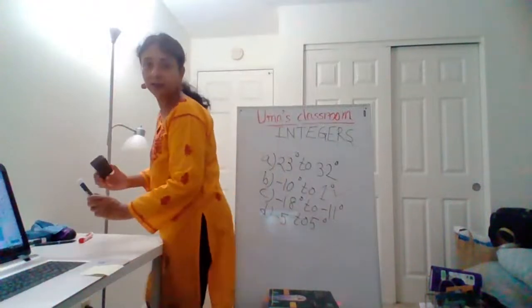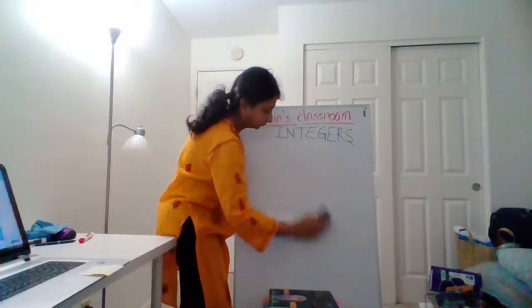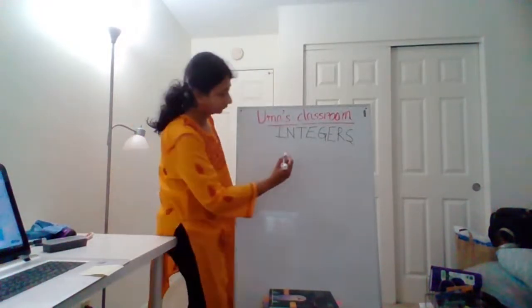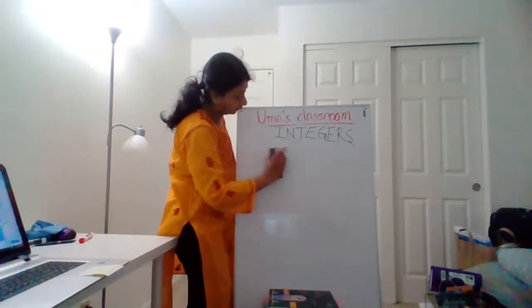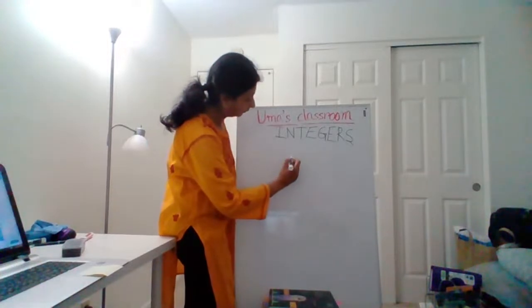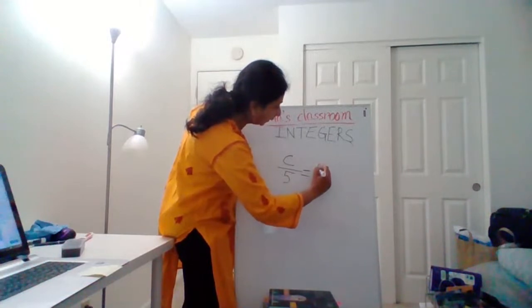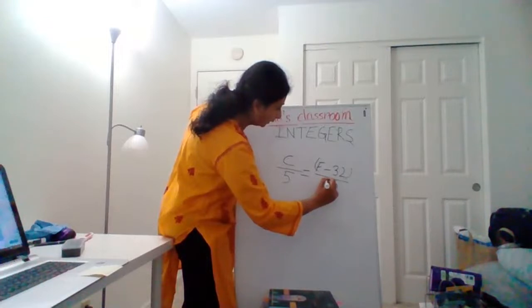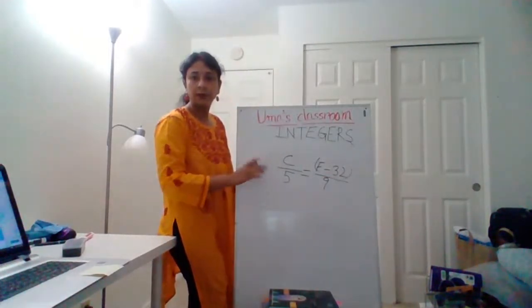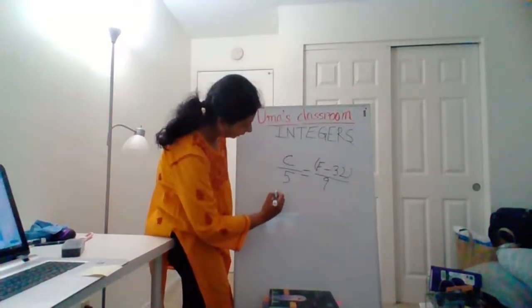Though you know this formula, still I am writing it here: C/5 = (F - 32)/9. Or you may get this formula in a different form, but it means the same.